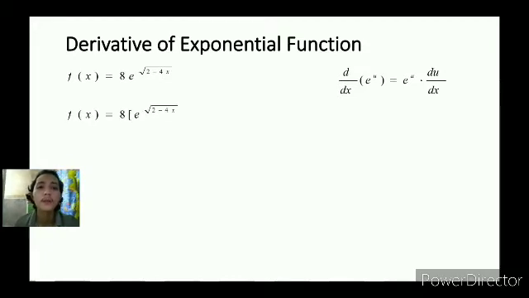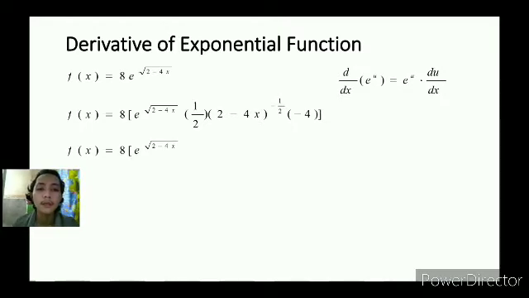So f prime of x will be equal to 8 times e to the power of square root of 2 minus 4x times the derivative of square root of 2 minus 4x, which is 1 over 2 times (2 minus 4x) to the power of negative 1 over 2 times negative 4.